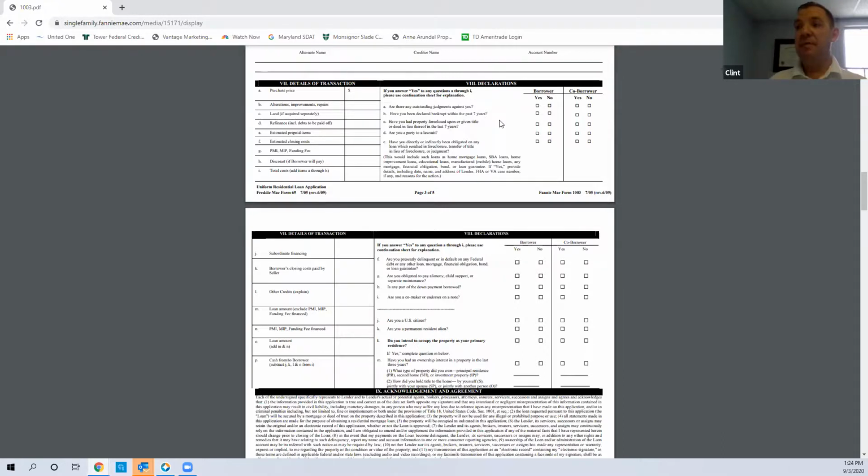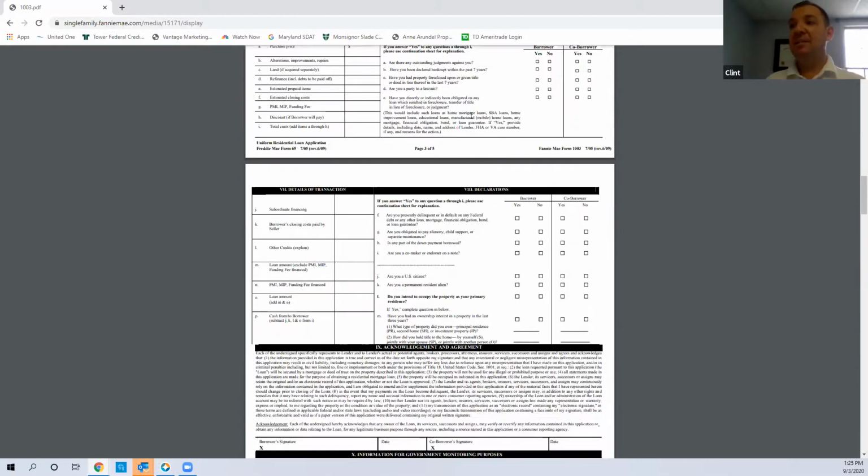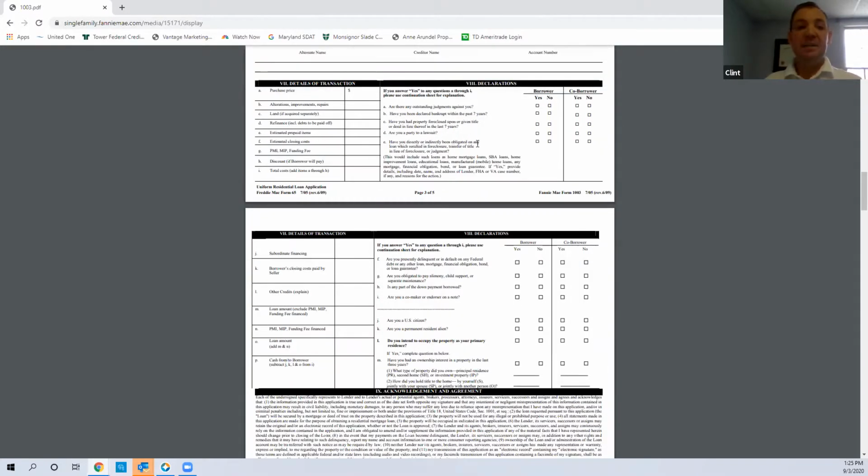It's going to let us know what type of qualification issues we could run into, especially with foreclosures. That could knock us out of a conventional program, but certainly keep us in an FHA program. So these are very important questions to ask up front, so that no one's necessarily blindsided after we pull credit or as we start going down the road of the full pre-approval.